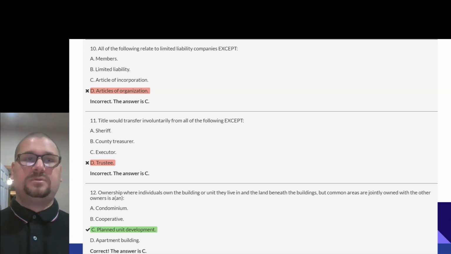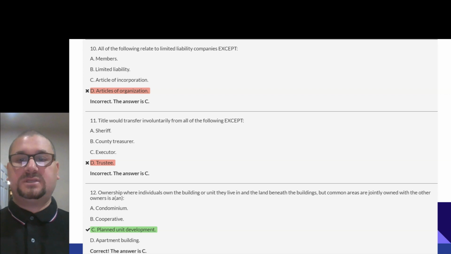So ownership where individuals own the building or unit they live in and the land beneath the buildings, but common areas are jointly owned with the other owners, is a planned unit development.